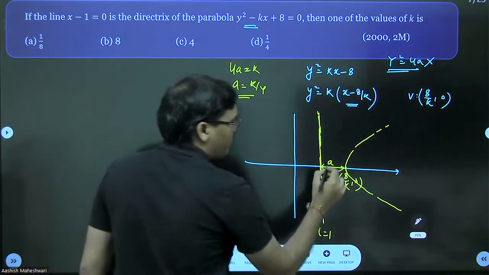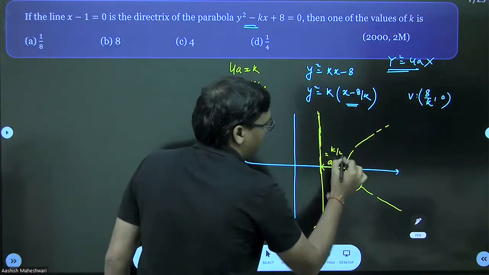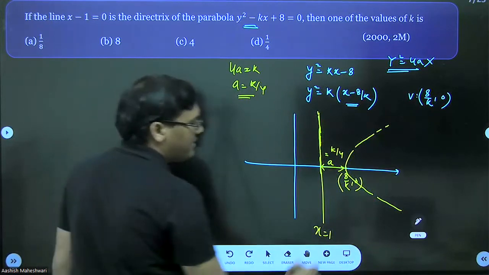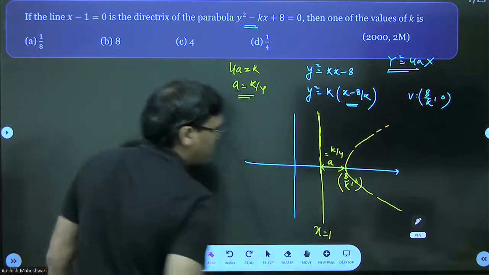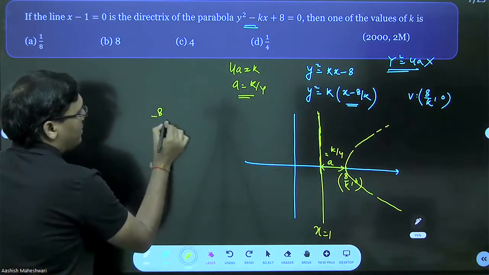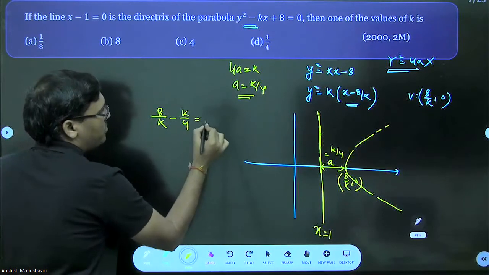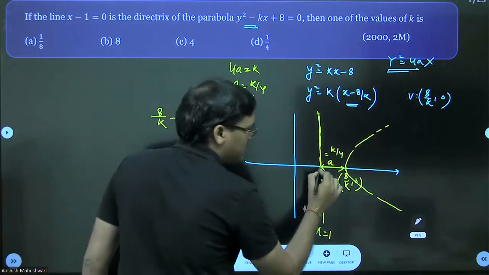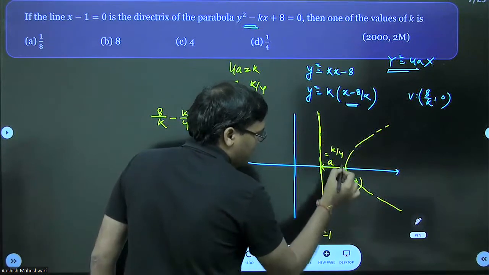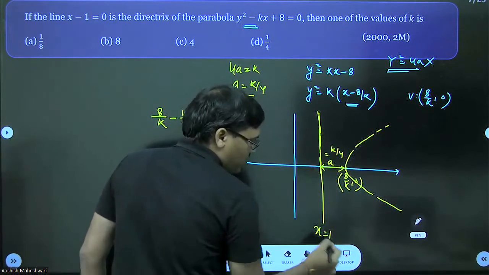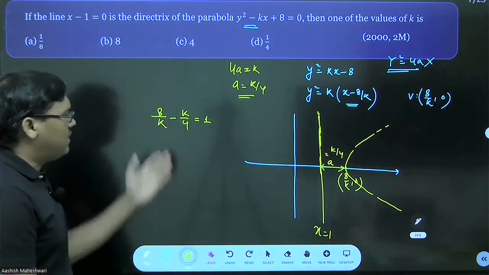So basically this value is equal to k by 4. This is 1. So can I say 8 by k minus k by 4 should be equal to 1. From 8 by k you subtract k by 4, it should be 1. I hope this equation is clear. Now just solve this equation.